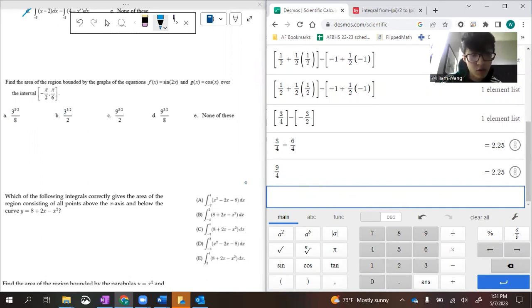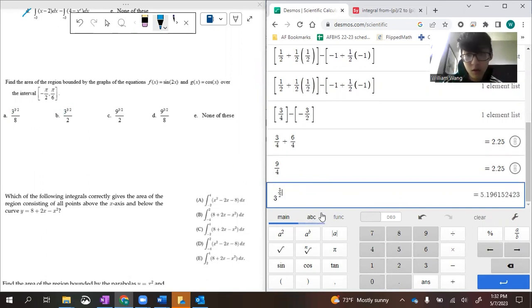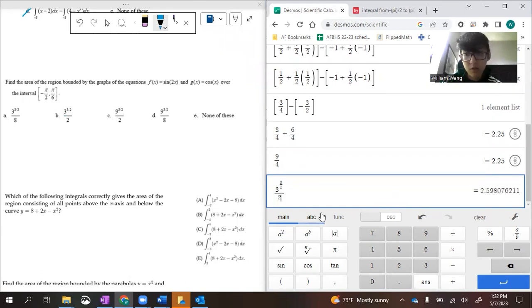So for example, let's choose B, 3 to the 3 over 2 divided by 2. All right, it's not that one. I'm going to divide it by 8, not that one. 9. Yeah, I don't think it's actually any of these. So my answer choice should be E, actually.